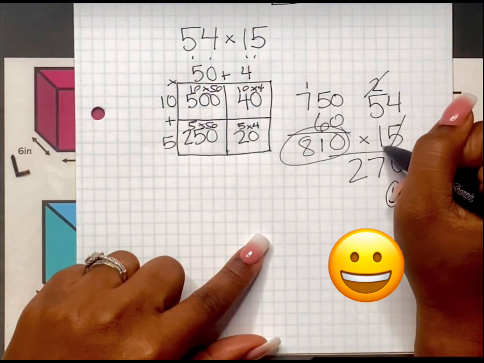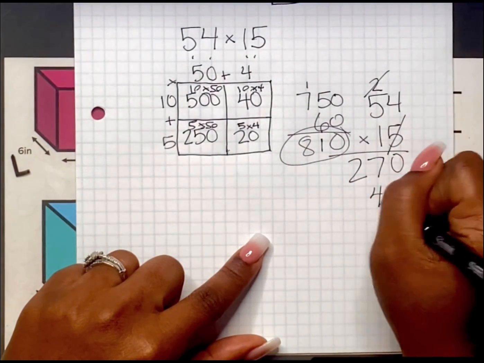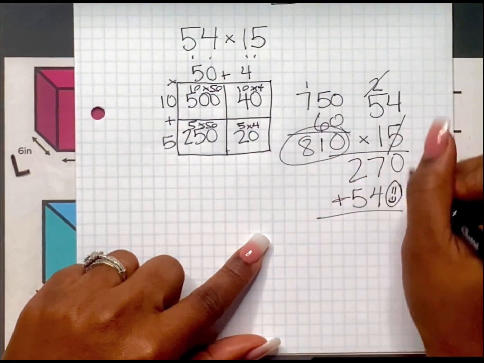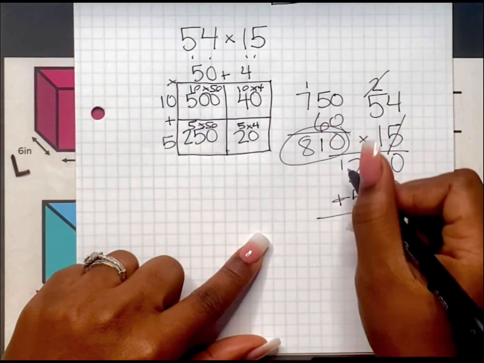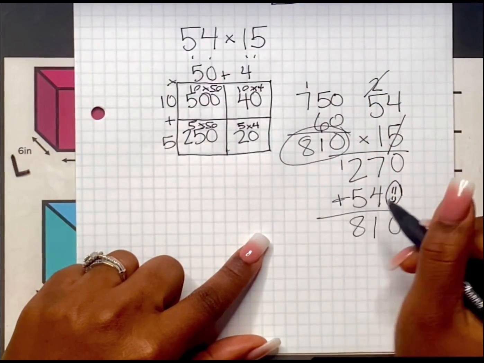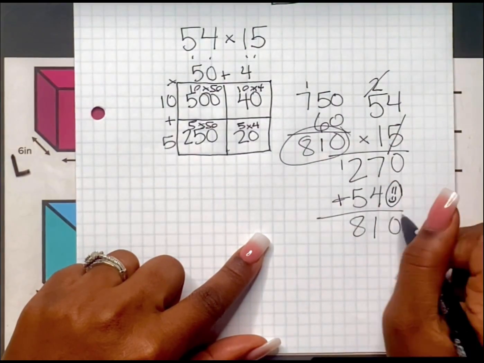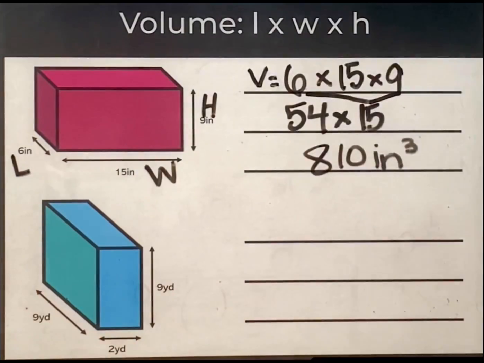And then now we're in the tens. 1 times 4 is 4. 1 times 5 is 5. Add our partial products. 0, 1 plus 2, 3. 3 plus 5, 8. Same answer. So we were correct.